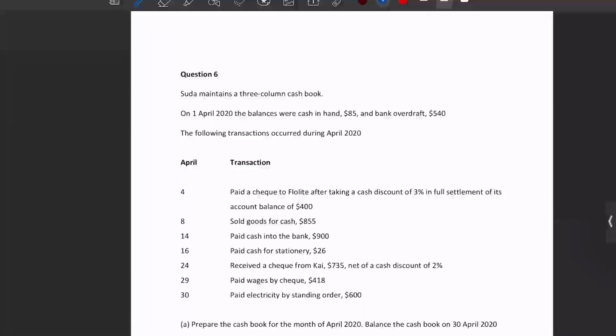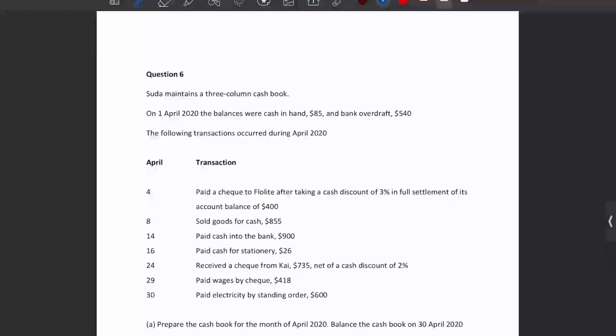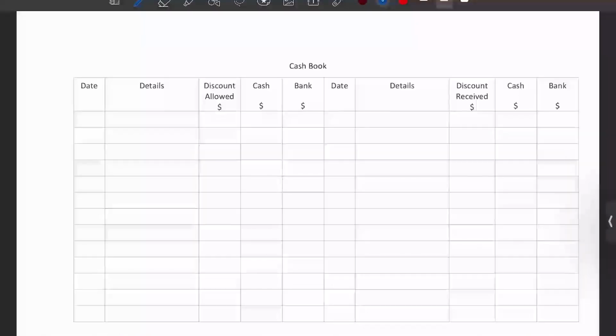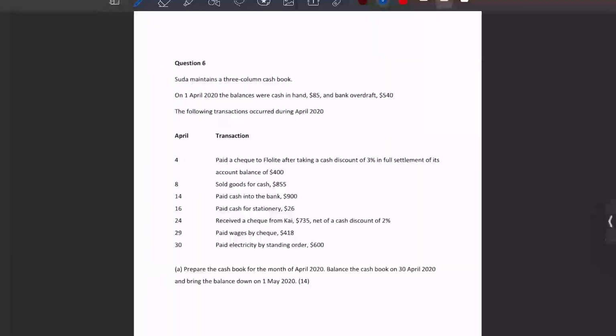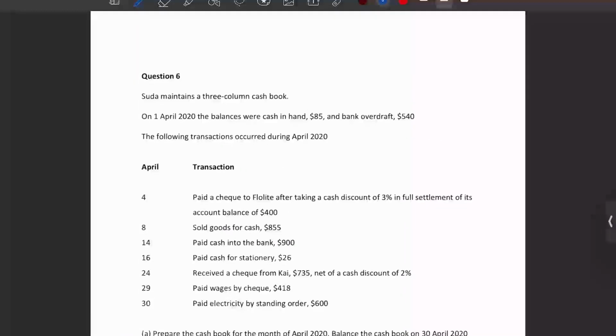Right. Question number 6. Can everyone take question number 6 now? You can do the requirement, the answers in this itself. Space is provided. This is again an Edexcel past paper from the 2020 paper, if I'm not mistaken.